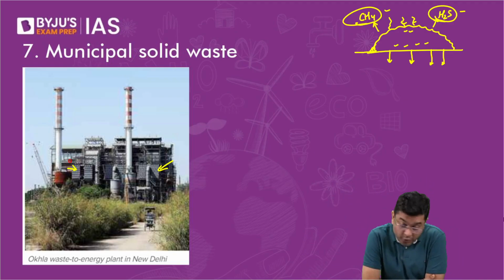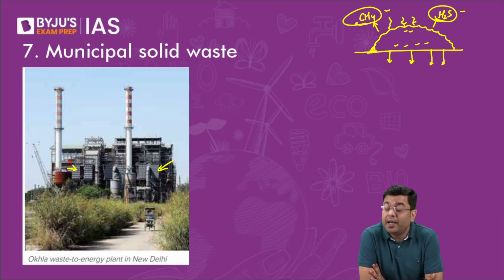Now, the pollution happened next year also. The residents of Okhla started complaining about health issues, respiratory illnesses. A committee was formed by the judiciary. They found that this waste-to-energy plant is a source of pollution.